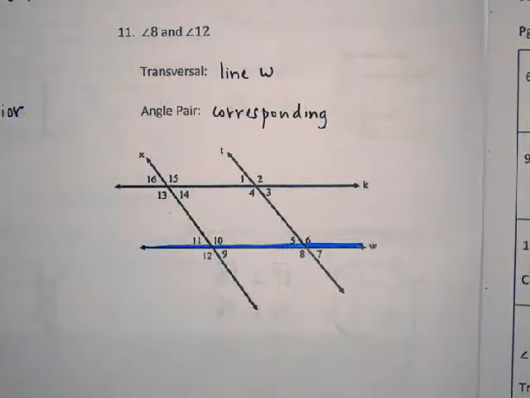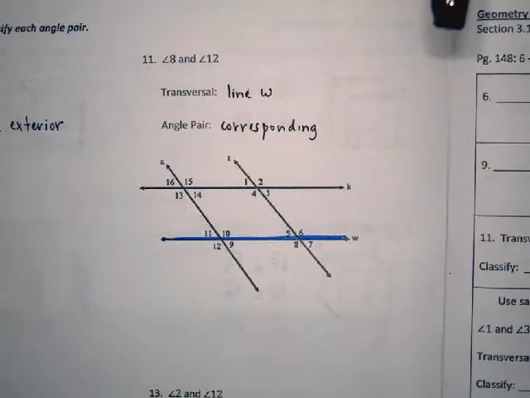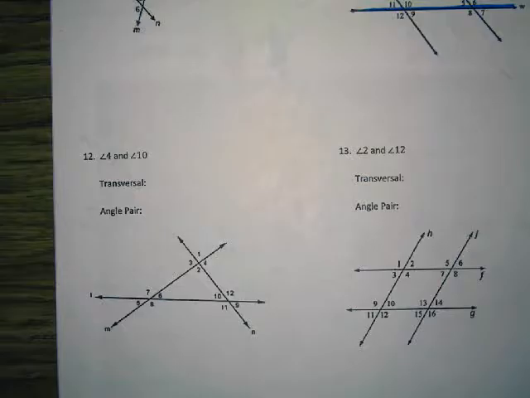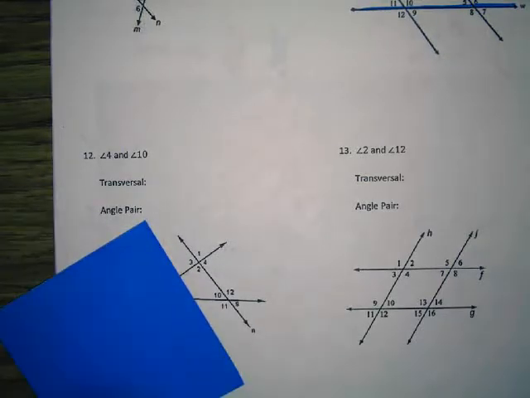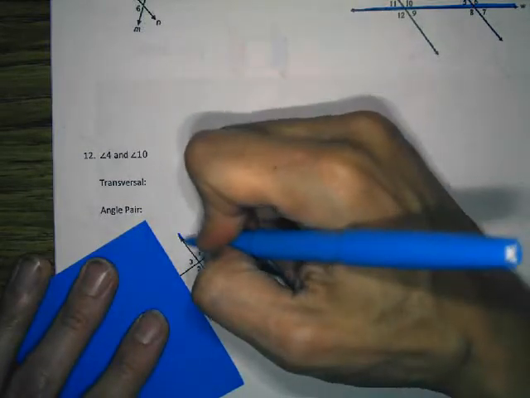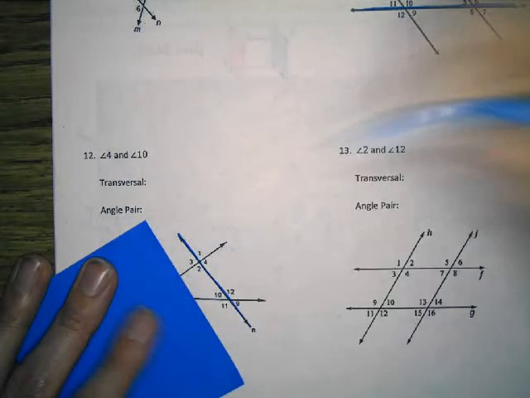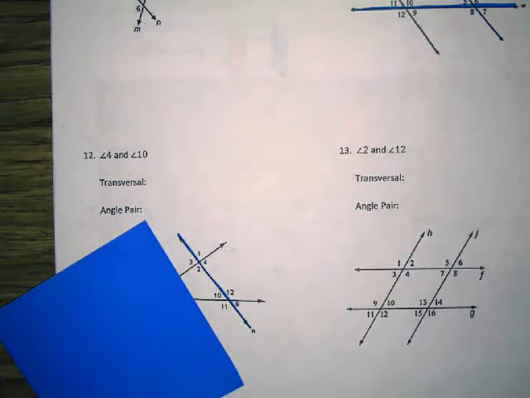Okay, so we'll do 2 more quick examples, and then you'll have time to practice this and work with one another to complete that practice. Okay, again, same idea. I'm going to first locate angle 4 and angle 10, and I'm going to block off the rest of that picture. So here's my 2 lines. Here's my transversal that intersects both of those lines.